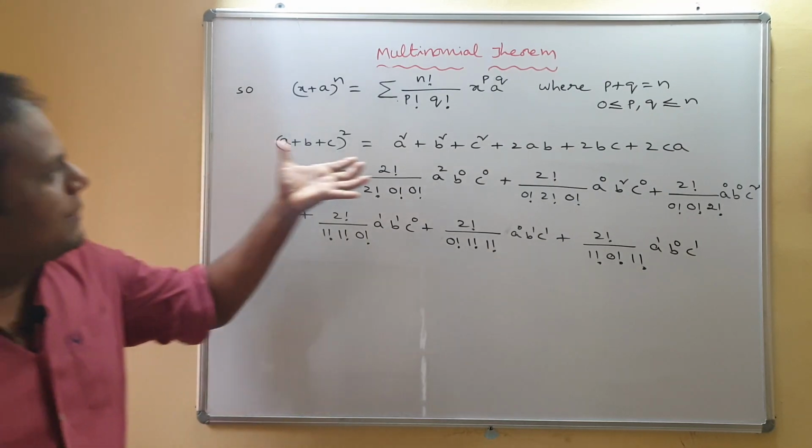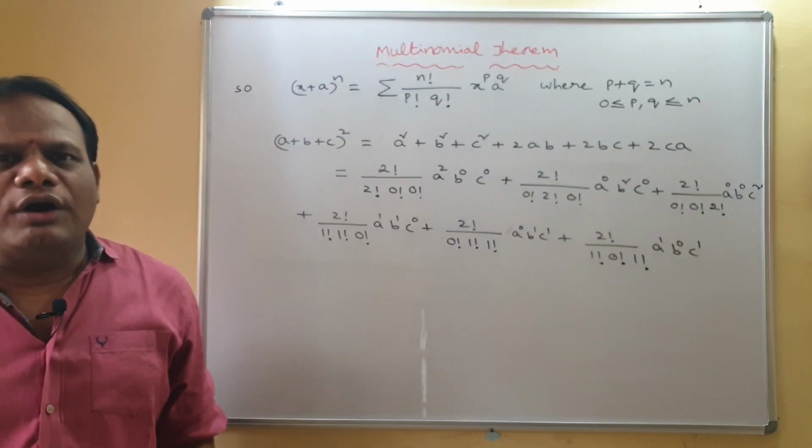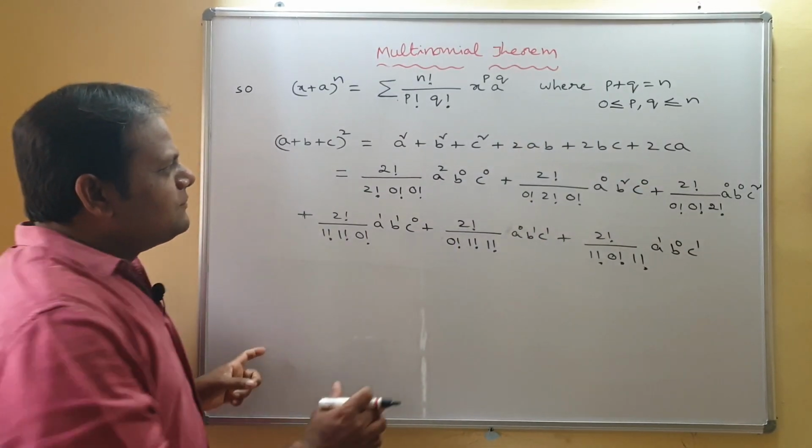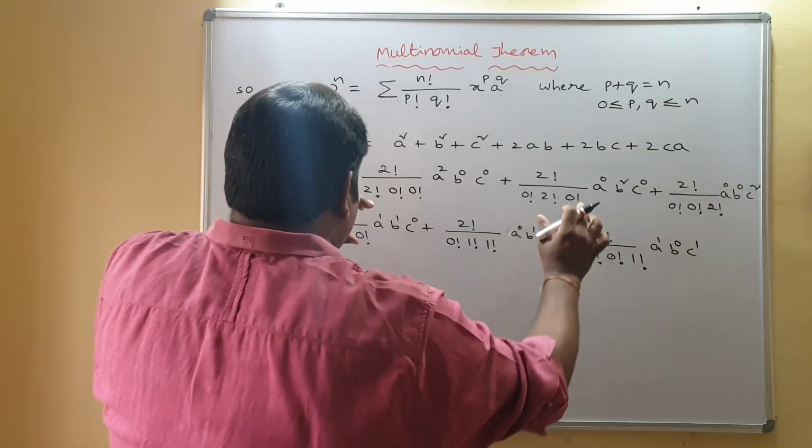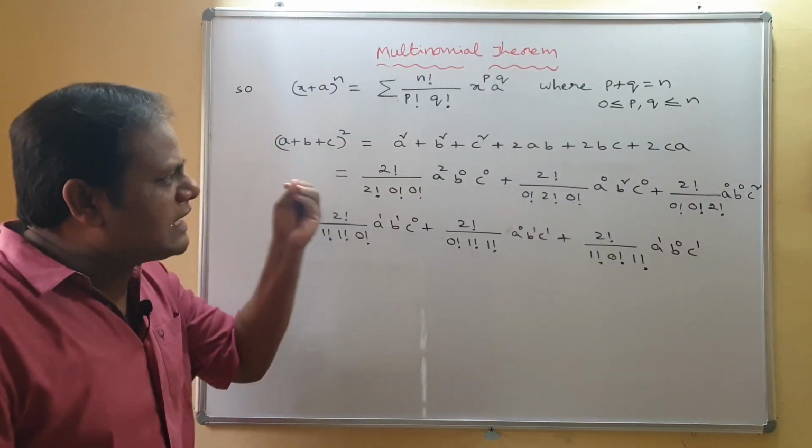Once you observe the A plus B plus C whole square formula, you all know that. See, you observe each and every term. So what is happening there?